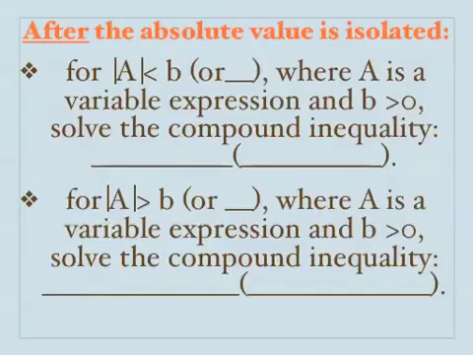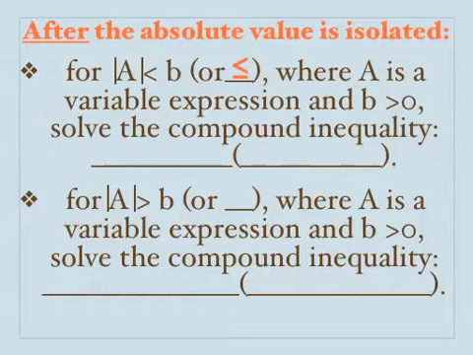After the absolute value is isolated, for the absolute value of A is less than B or less than or equal to B, where A is a variable expression, so capital A, what is inside of the absolute value symbol, it's going to have a variable and/or a variable with operations.